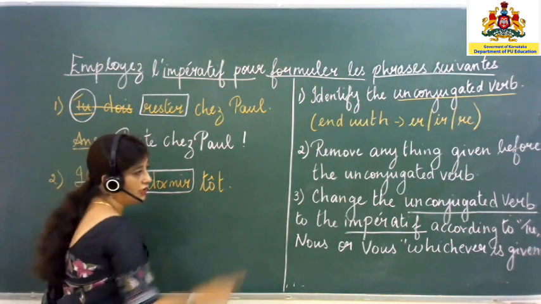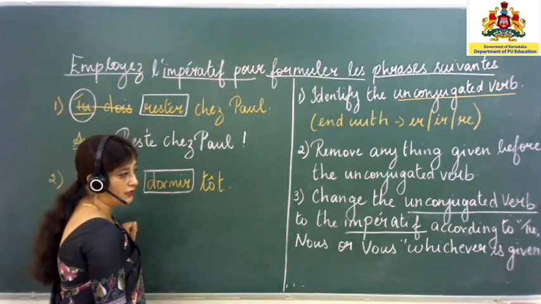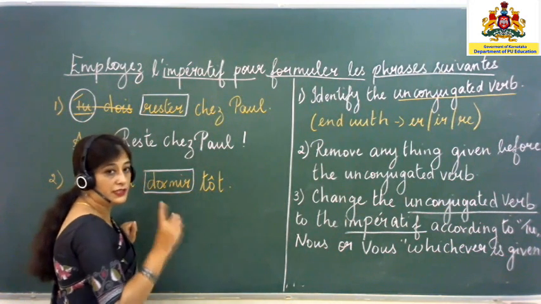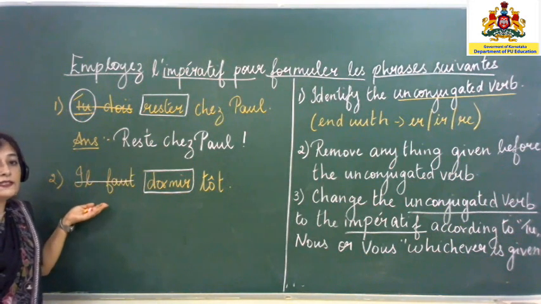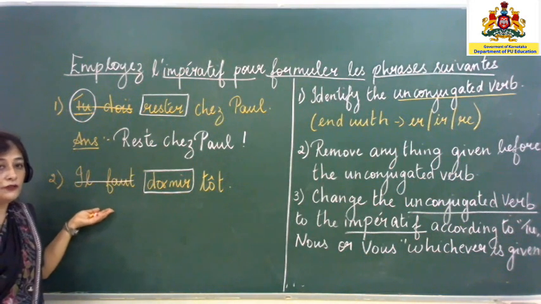It says change the unconjugated verb to the imperative according to tu, nous or vous, whichever is given. In this particular sentence, tu, nous or vous is not given. So what are we going to do?